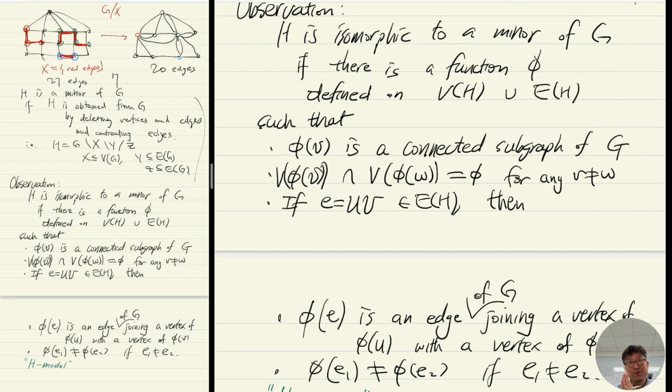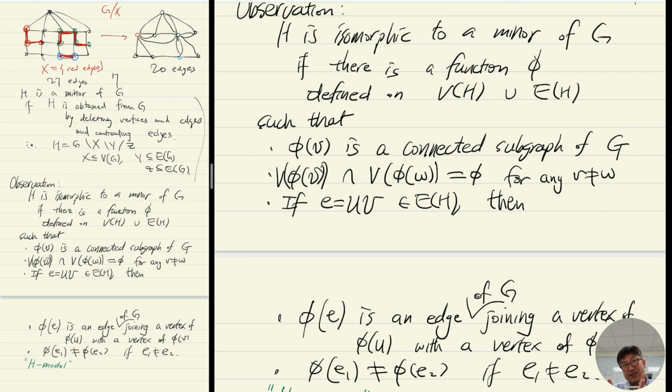H is a minor of G if there is a function like this, a collection of connected subgraphs satisfying this. And you can assume that phi of v is a tree instead of a connected graph, because you don't need to have edges inside.